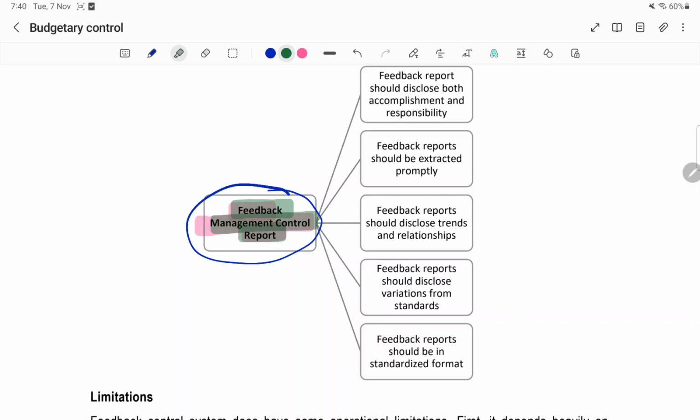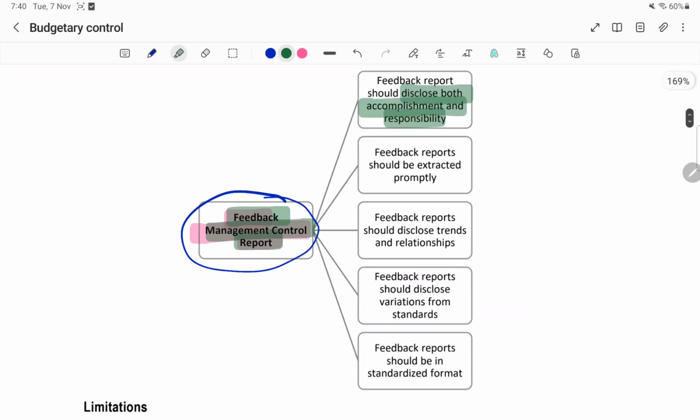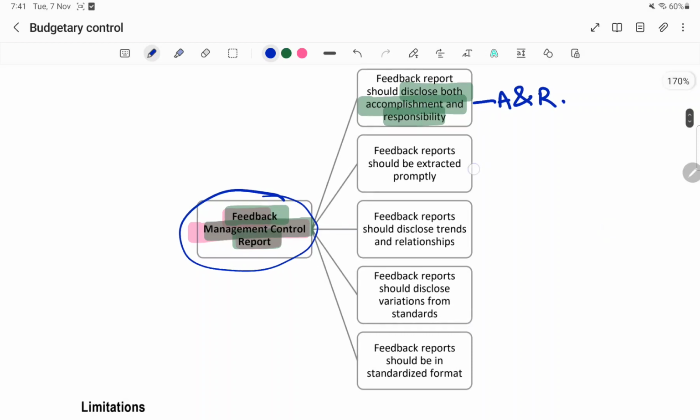See, what are the requirements? The report should disclose both accomplishments and responsibilities. Now reports should be extracted promptly.